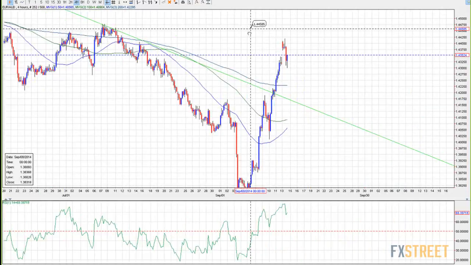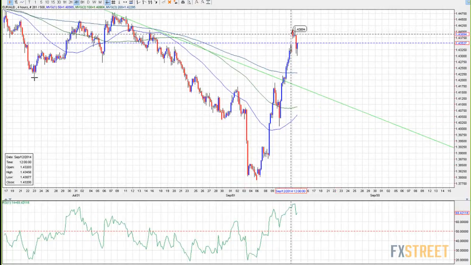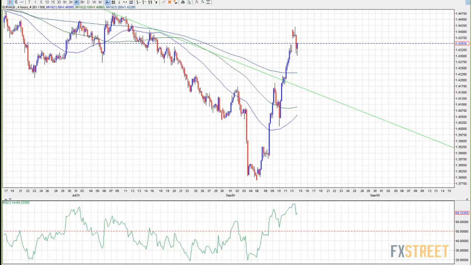The pound Aussie. Let me look for that. Just give me a moment here. There we go, pound Aussie. It's not a pair that I usually look at, and I'm using the Netdania charts, and I don't see it right now. Let's see.